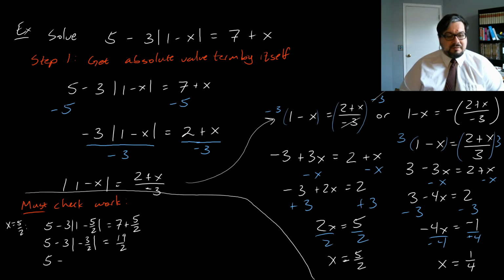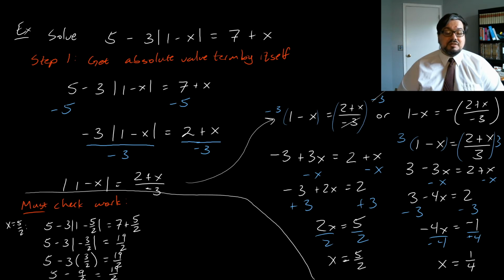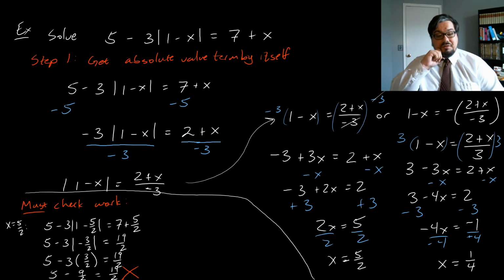So we get 5 minus 3 times, now the absolute value of negative 3 halves is positive 3 halves. So we get 5 minus 9 over 2 equals 19 over 2. And this is just incorrect. 5 minus 9 over 2 is 1 half, and 1 half is not 19 halves.